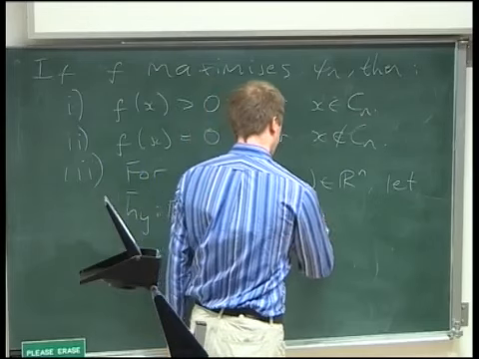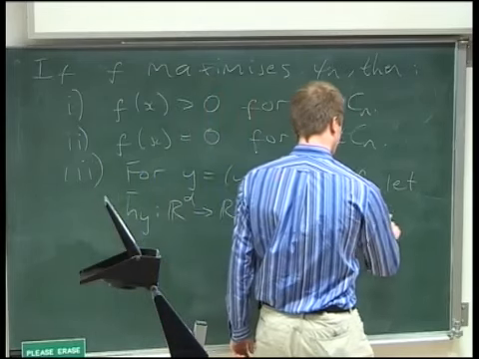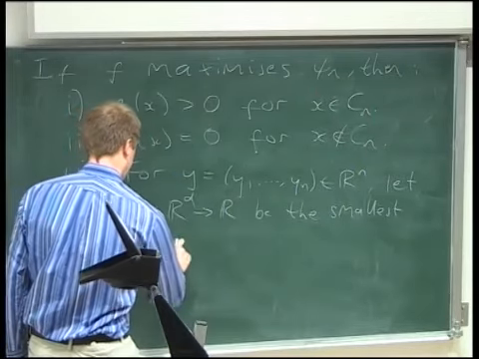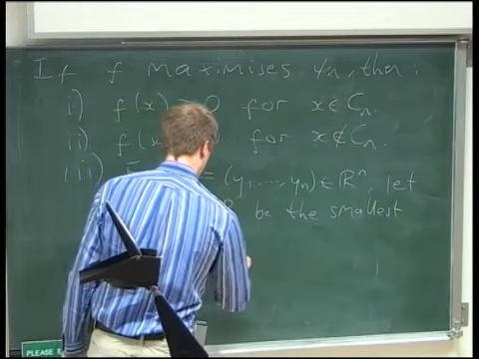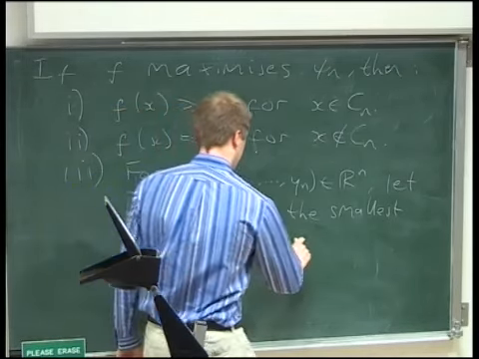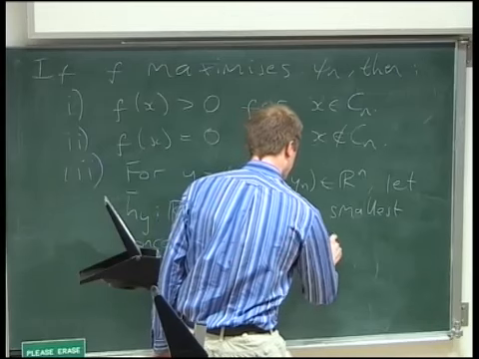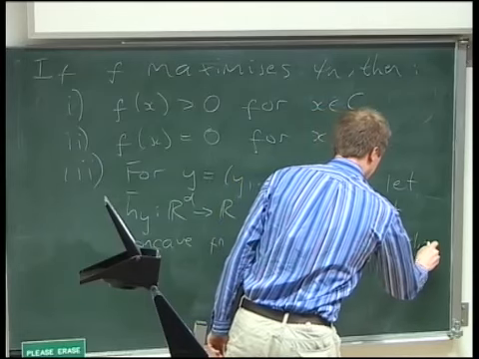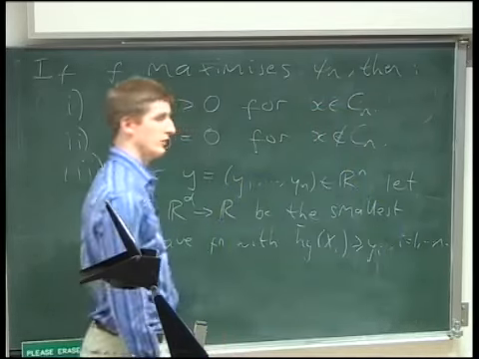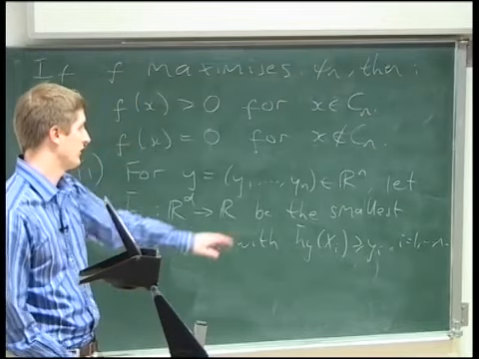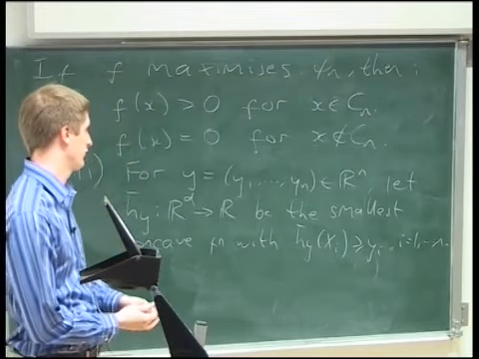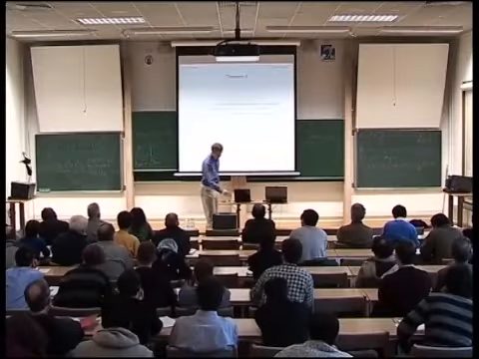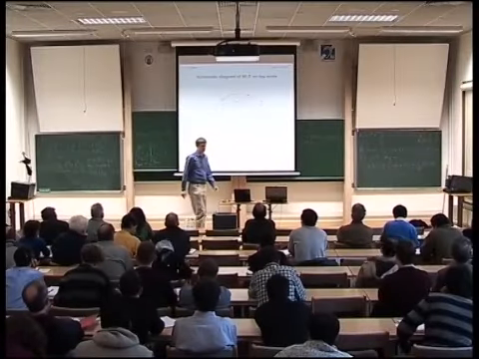I want this to be the smallest concave function with h bar y of xi greater than or equal to yi for all i. Okay? It's not too hard to show that such a smallest function has to exist. I call them tent functions because they look like this picture here.